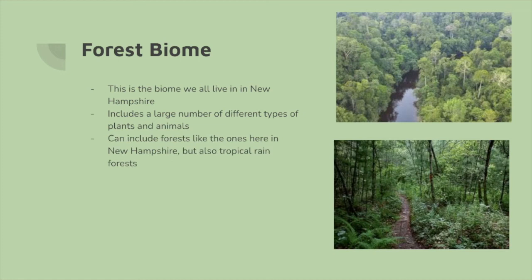So it can include forests like you see here in New Hampshire with pine trees and maples and beeches, but also can include tropical rainforests that have an entirely different selection of trees and animals that live there. So a question that we have for you is, what animals do you think you can find in a forest biome? And we can give you a hint, and that is any animal you can find in New Hampshire, you can find in a forest biome.